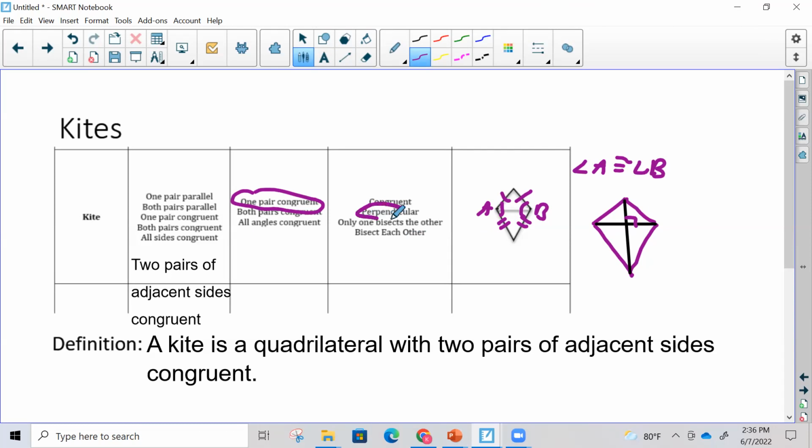Sorry, they're not congruent, they're perpendicular. And one diagonal bisects the other diagonal. So the long diagonal cuts the short diagonal in half. So it bisects the short diagonal.